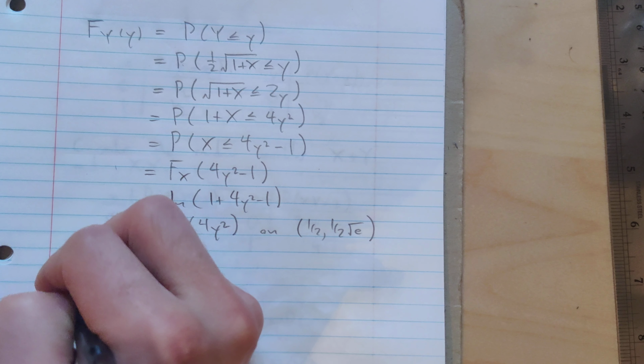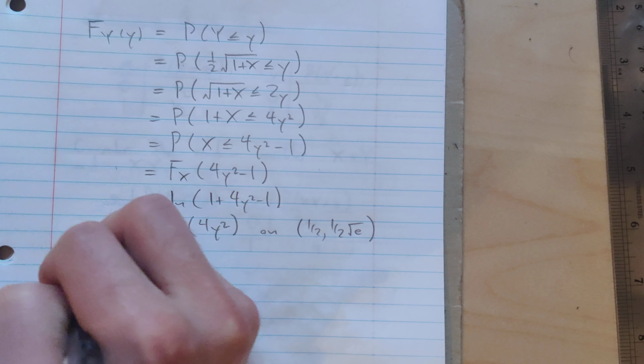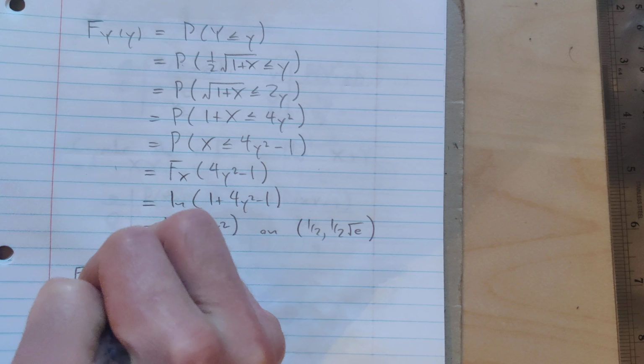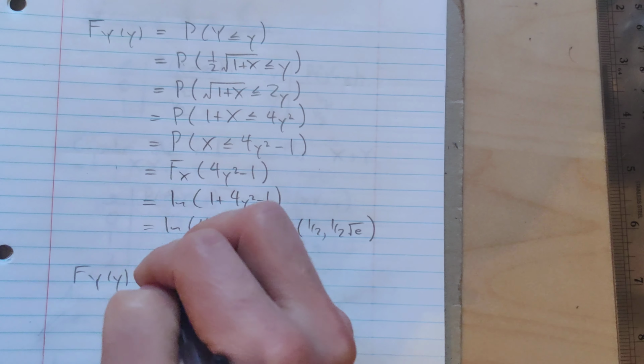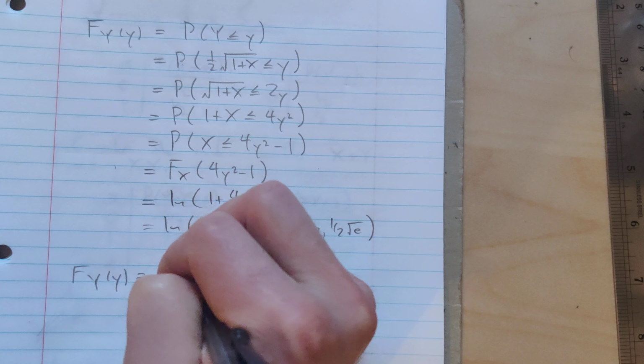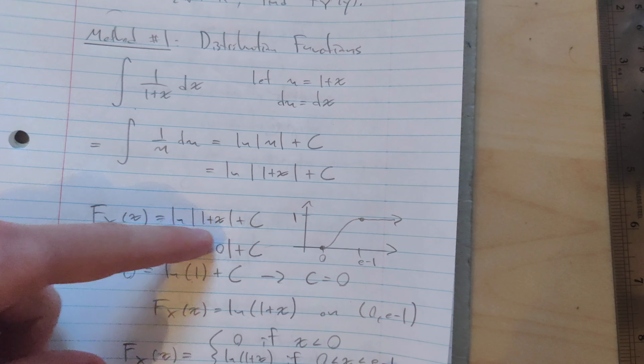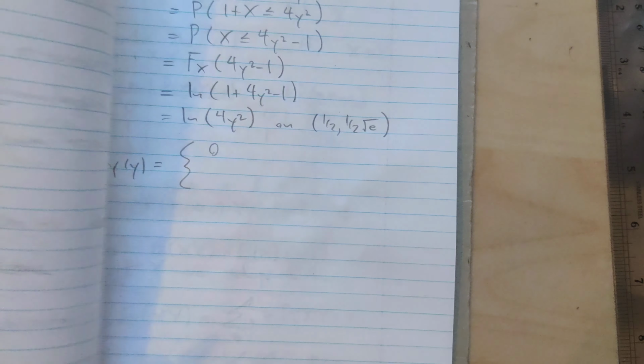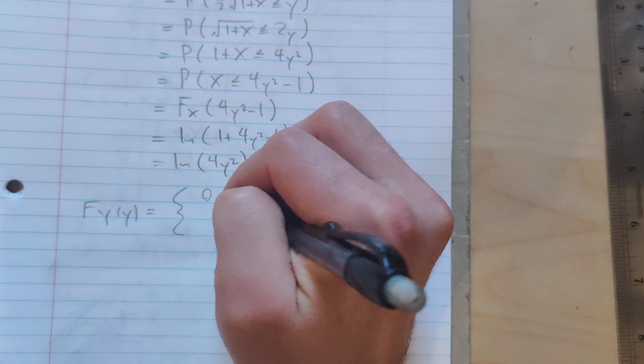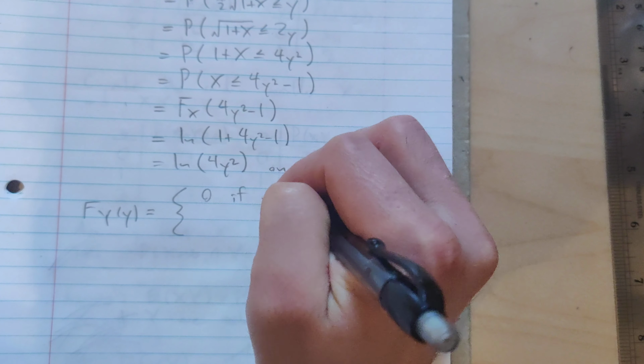So, in conclusion, we now have the distribution function of y, the CDF of y, if you want to write it out in this long form. It's going to be 0 if little y is smaller than 1/2.